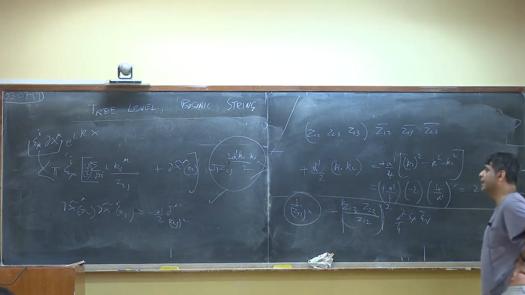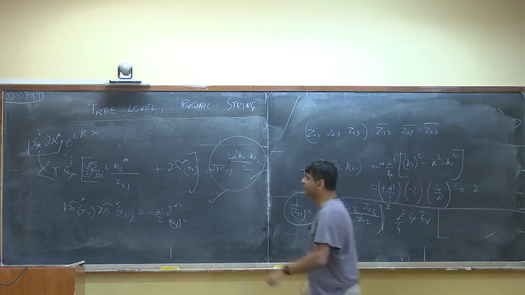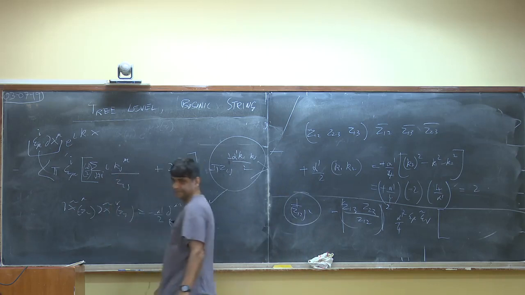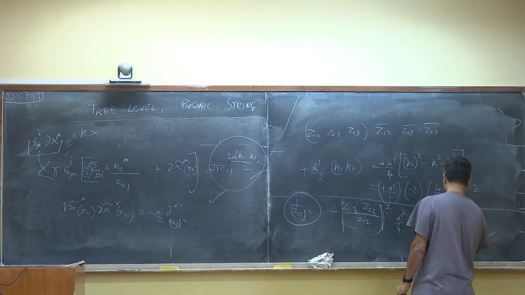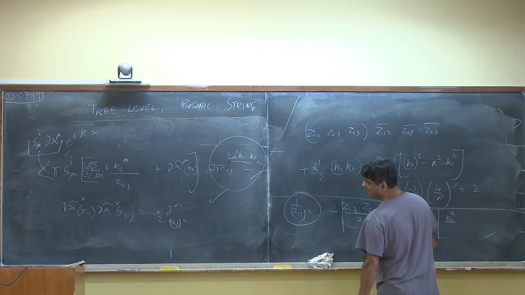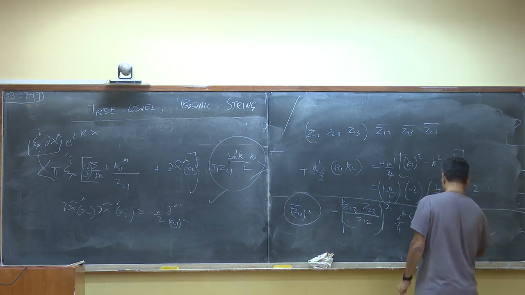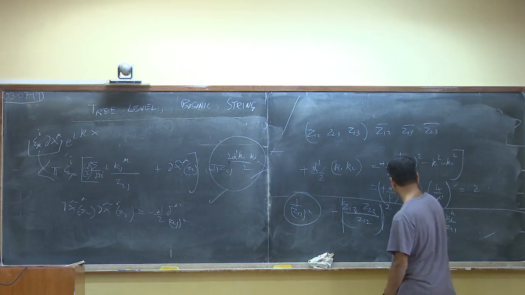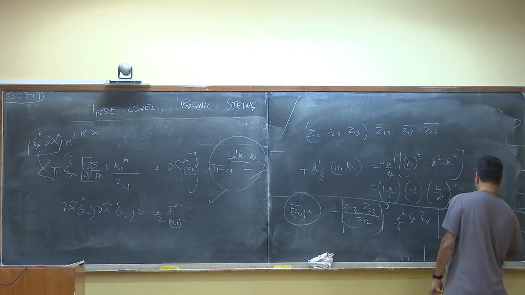There's alpha prime squared by 4. And now, this was on factor number 3. So it's k1 mu by z31 plus k2 mu by z32.